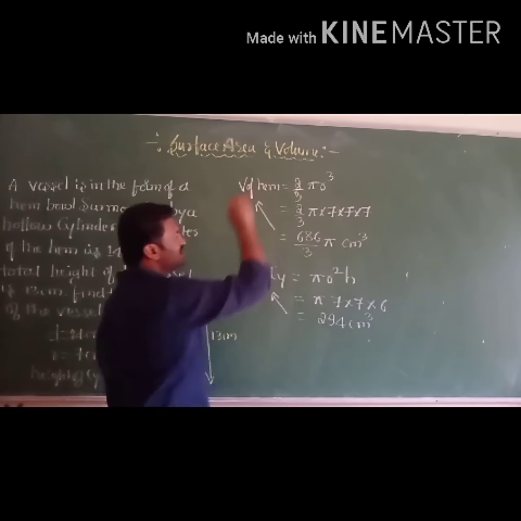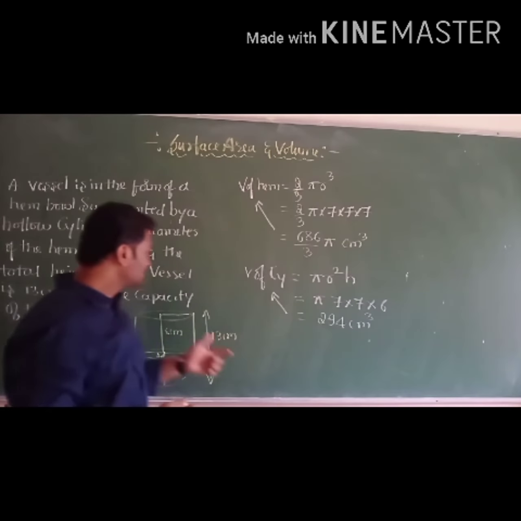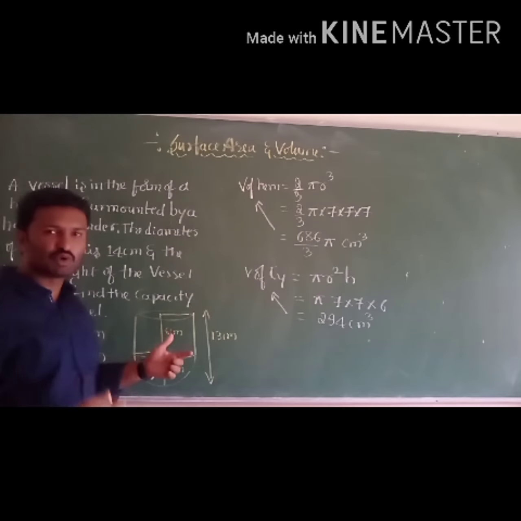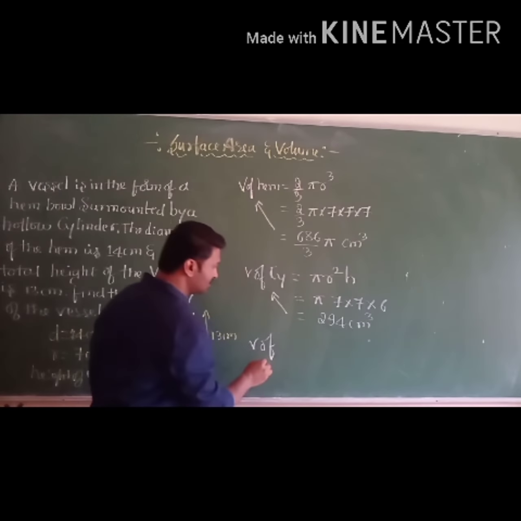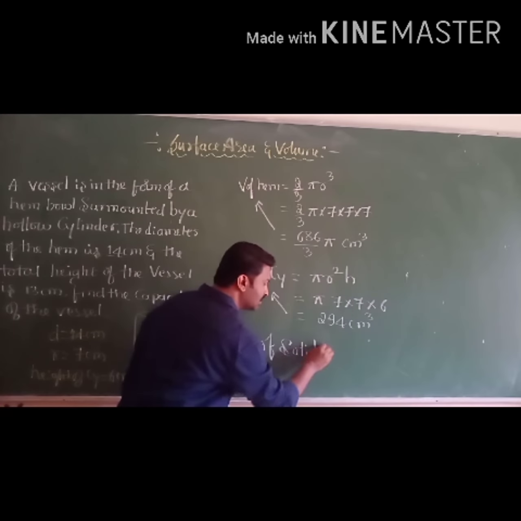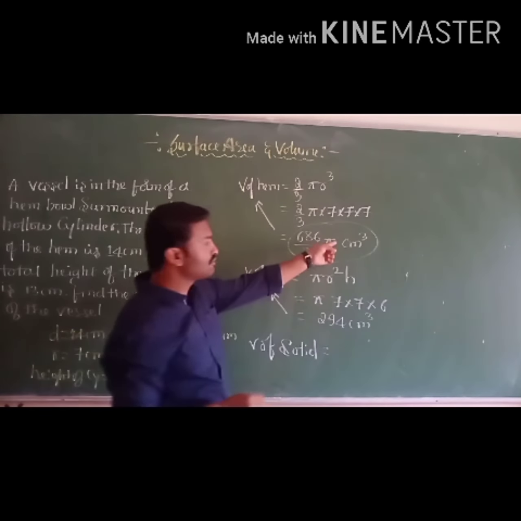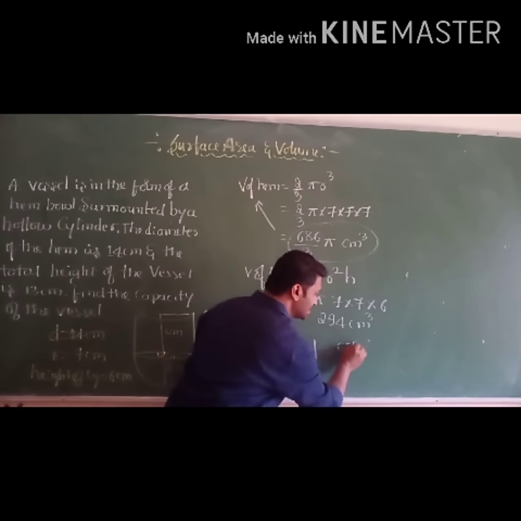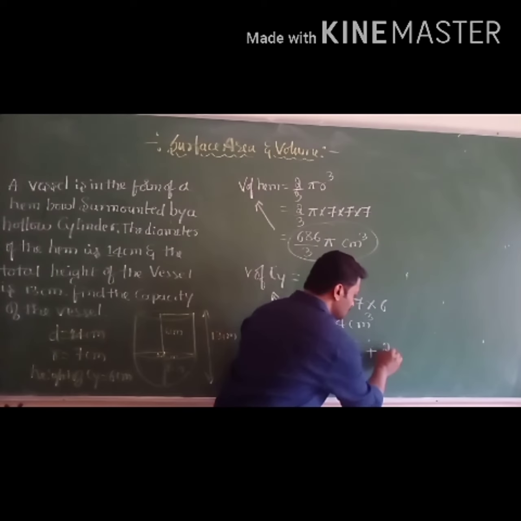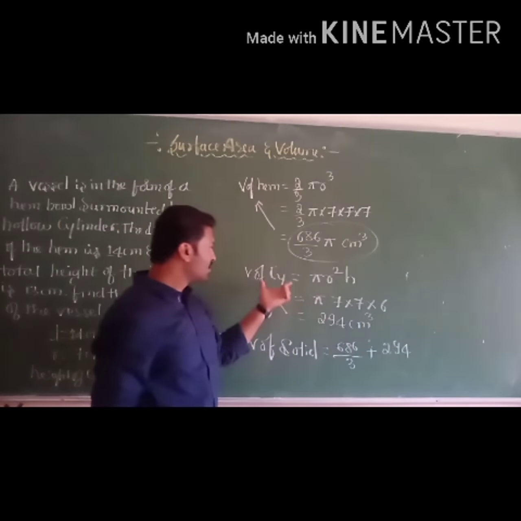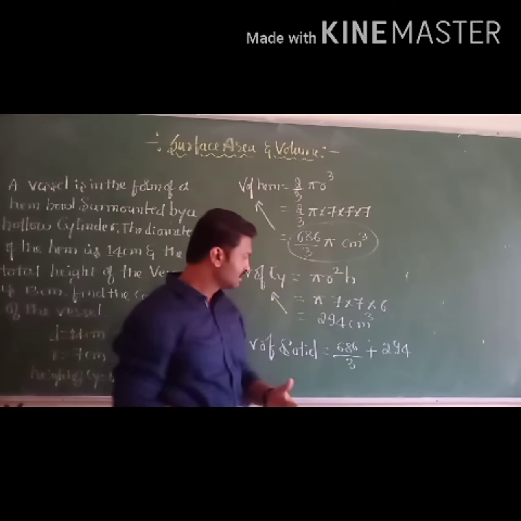This one is the volume of the hemisphere. Lastly, what do we have to find? Capacity means volume only, so you have to add both. Volume of the total solid: the volume of the hemisphere is 686 by 3 plus 294, the volume of the cylinder.